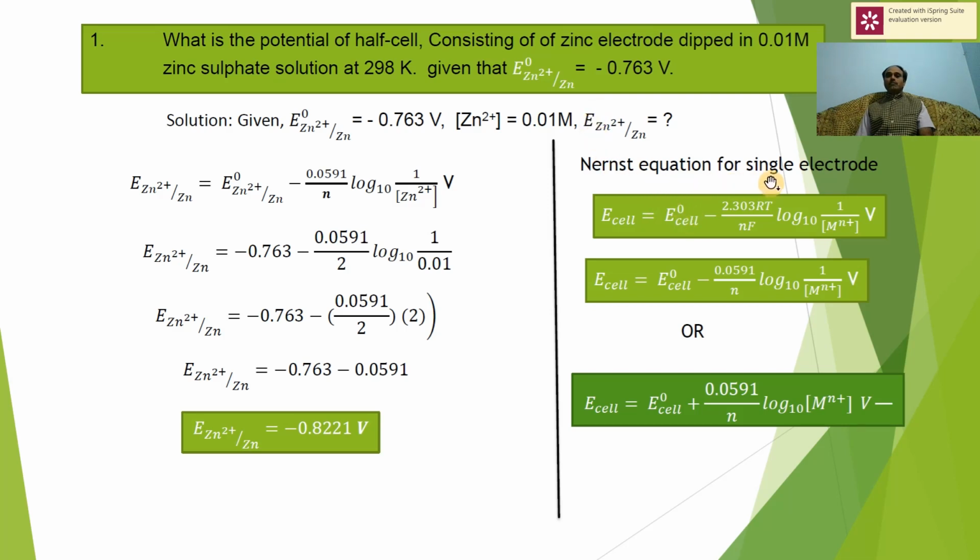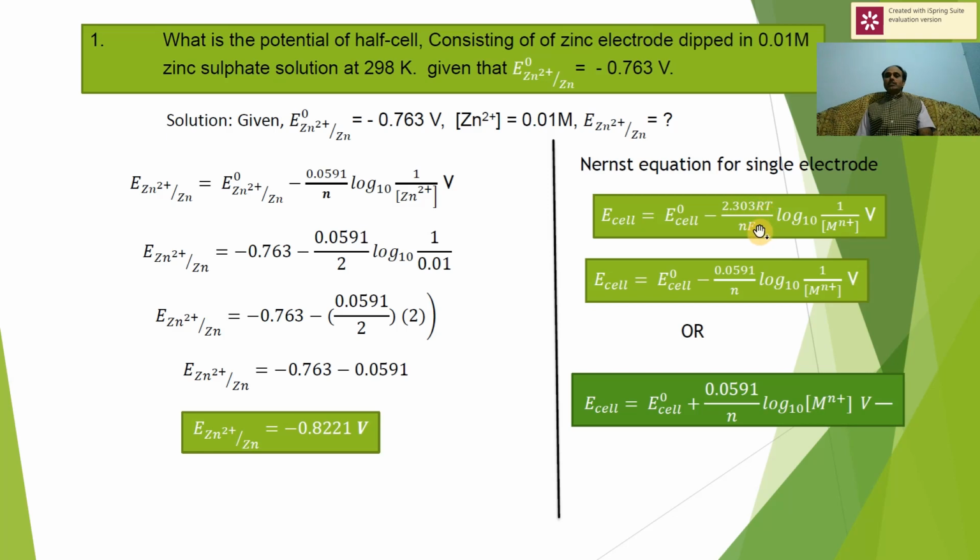The Nernst equation for a single electrode, you know that you have derived the equation for calculation of the potential of the single electrode by using the Nernst equation. So this is the Nernst equation. In this Nernst equation, 2.303 RT by F, this R is called the gas constant, that is 8.314 Joule per Kelvin per mole, and this T is 298 Kelvin, and F is 96,486.